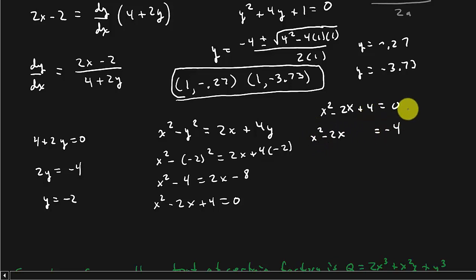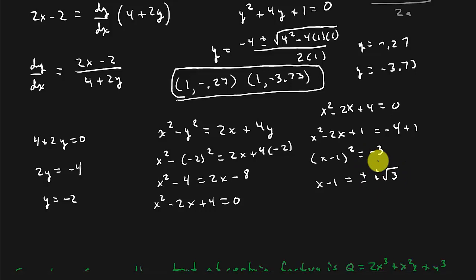Remember, move this over. And so I half the 2. Half of 2 is 1. 1 squared is 1, so I add 1 to that side. So (x minus 1) squared equals negative 3. Oh, look at this. x minus 1 equals plus or minus i square root of 3. I get an imaginary solution. So the denominator is not going to be 0 at the point where y is negative 2.